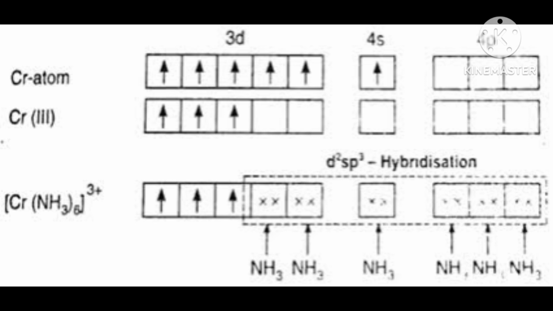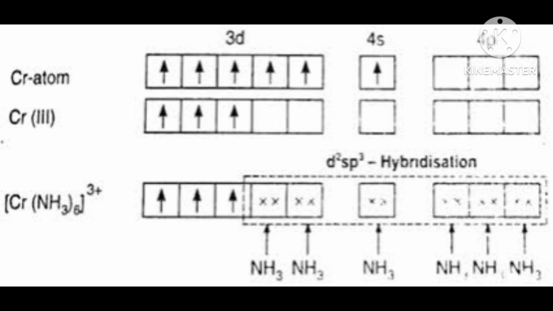This fluoride ion has lone pairs of electrons also. 7 electrons are there in the outermost orbital of fluorine. Then 3 pairs are there, 3 lone pairs of electrons. From that, each fluoride ion will give one lone pair to the vacant d orbitals. 6 vacant d orbitals are there.